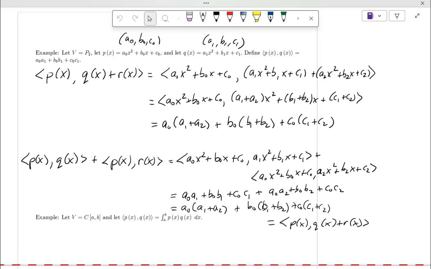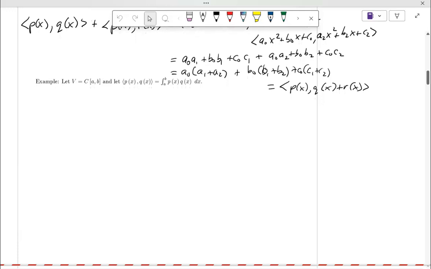One that gets a little bit more interesting, which we will come back to later when we start talking about least squares, hopefully later this week, but definitely by next week, is continuous functions on some interval.